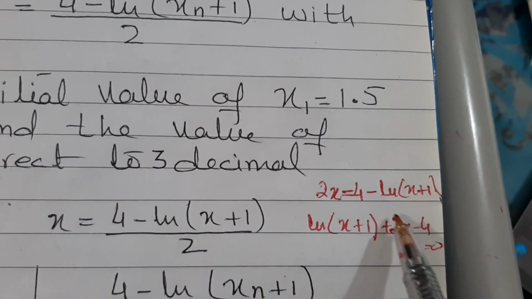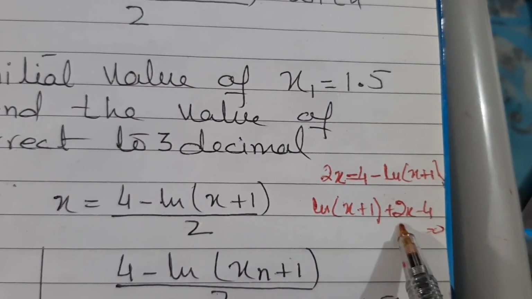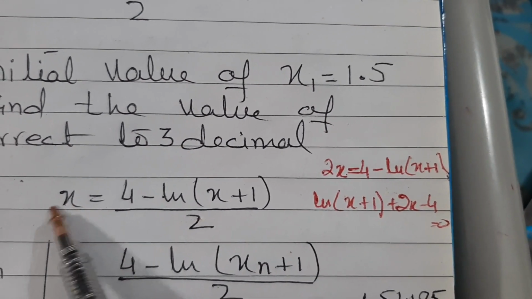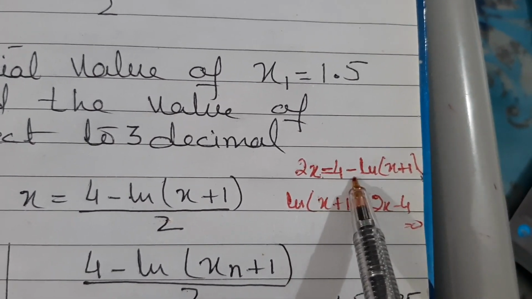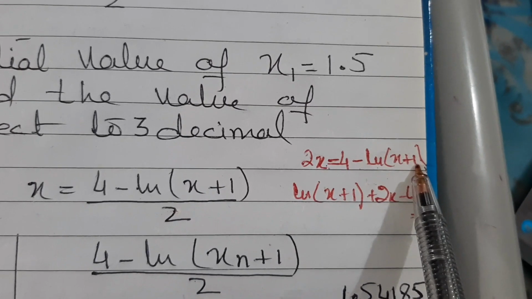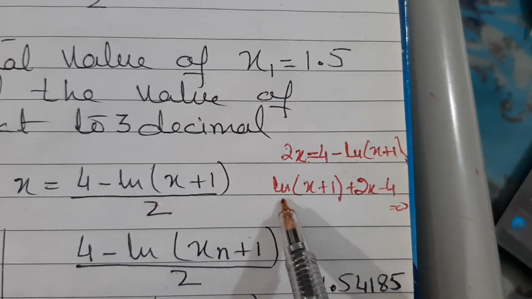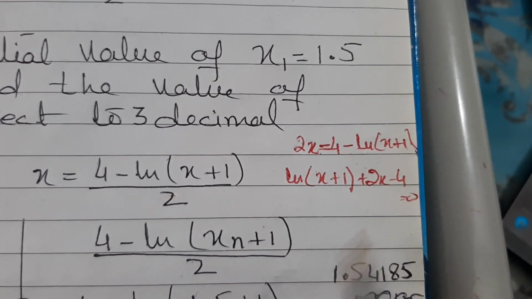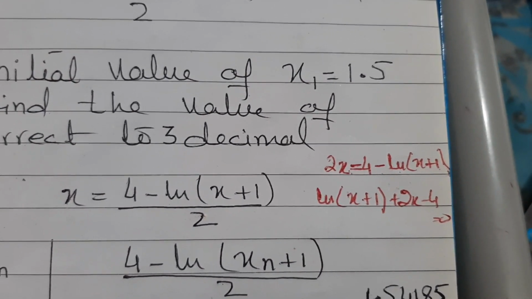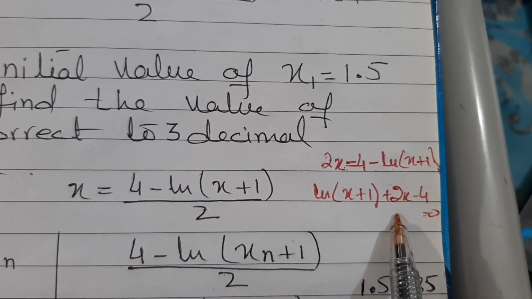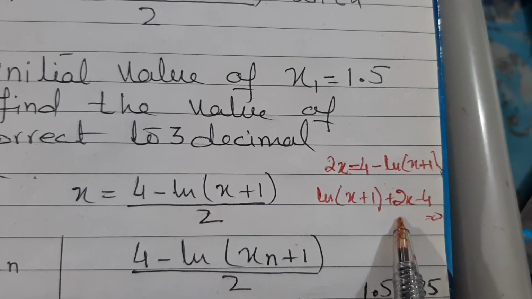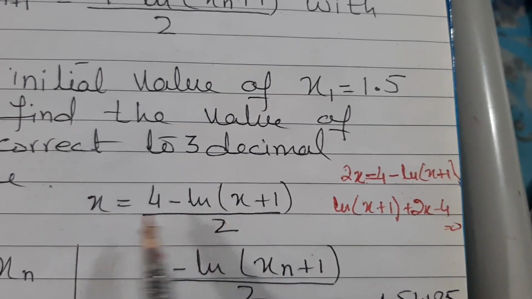I have written it here again to show you that it is the same equation. If you cross multiply, it is 2x equals 4 minus ln x plus 1, and then rearranging it, you get the same equation. So what I'm trying to say is that the root of this equation is actually the intersection of these 2 graphs.